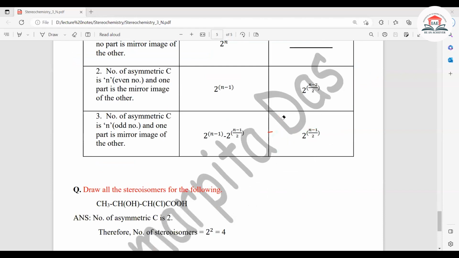solve it for meso tartaric acid. In meso tartaric acid, the value of n is 2. So 2 to the power 2 minus 1 will be 2. And here 2 to the power 2 minus 2 by 2, so 2 to the power 0, that is 1.